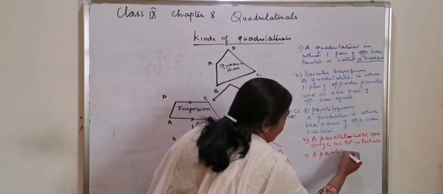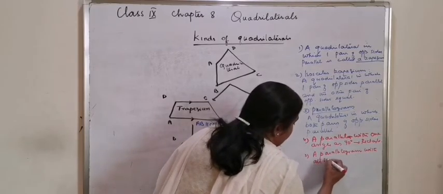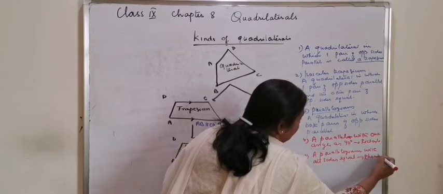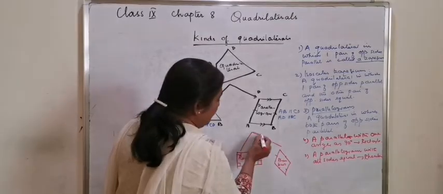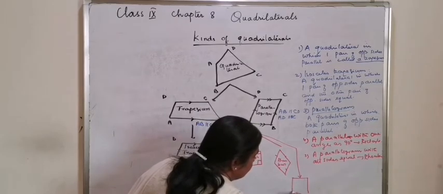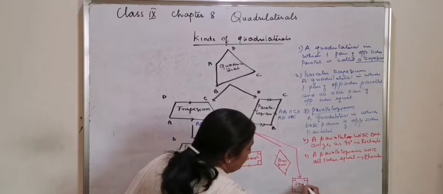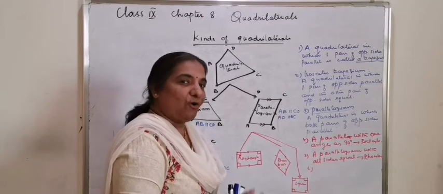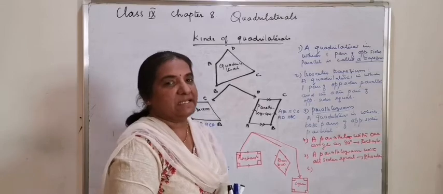And the next one is a parallelogram with all angles equal, all sides also equal, which is called a square.